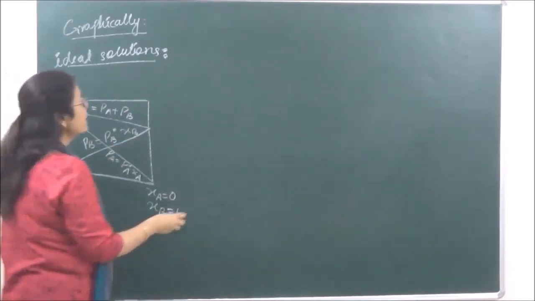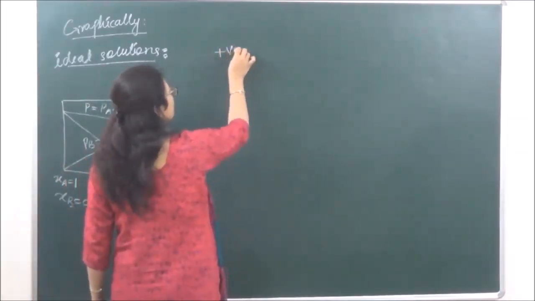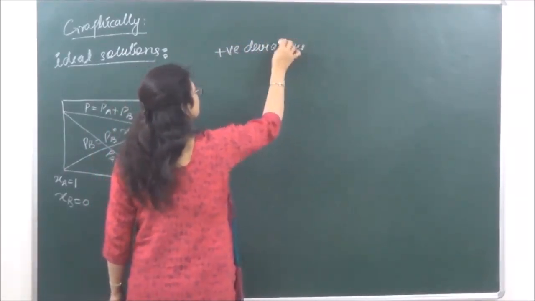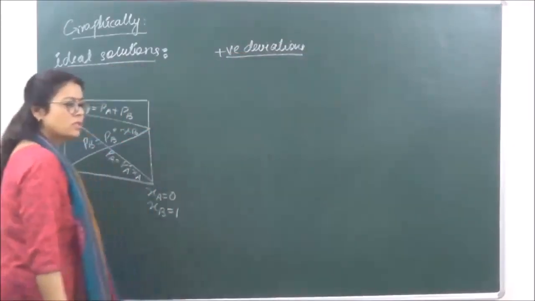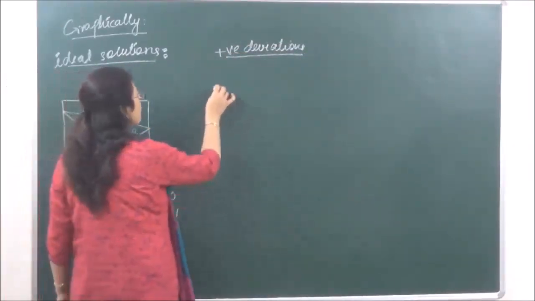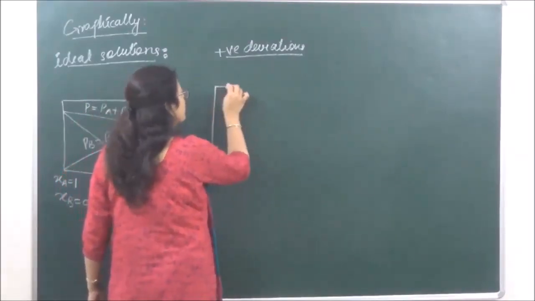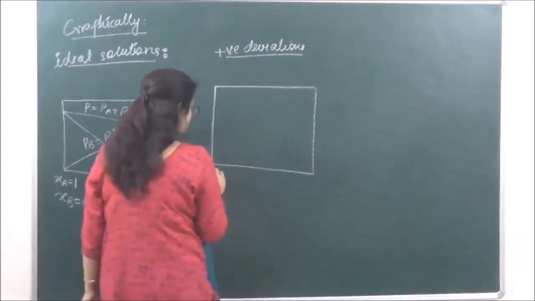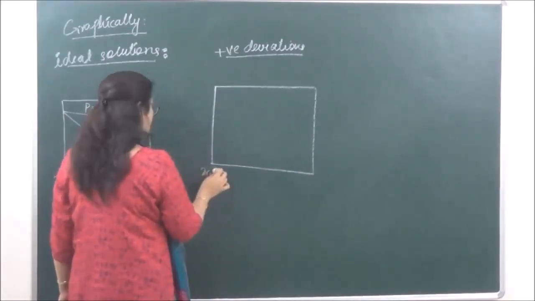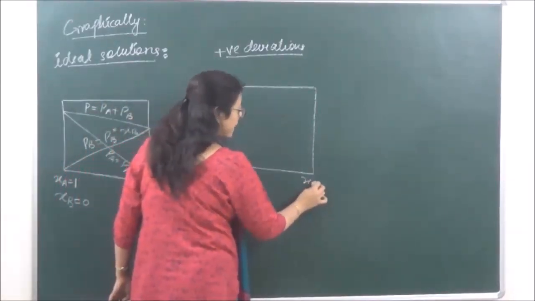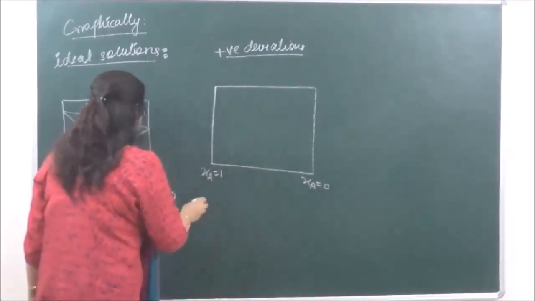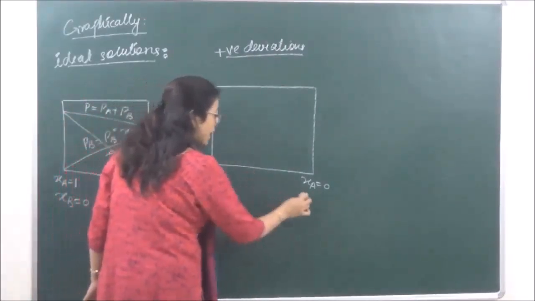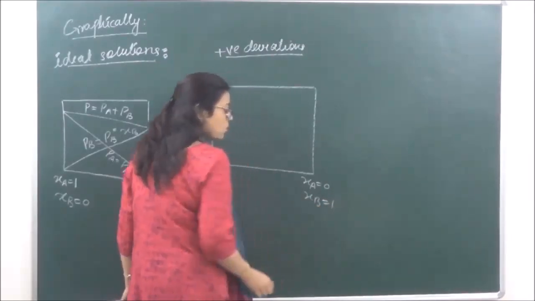Then for non-ideal solutions, let's plot a graph for positive deviations. Again, this is XA equal to 1. Over here, XA is equal to 0. Then XB is equal to 0 and XB in this case becomes equal to 1.